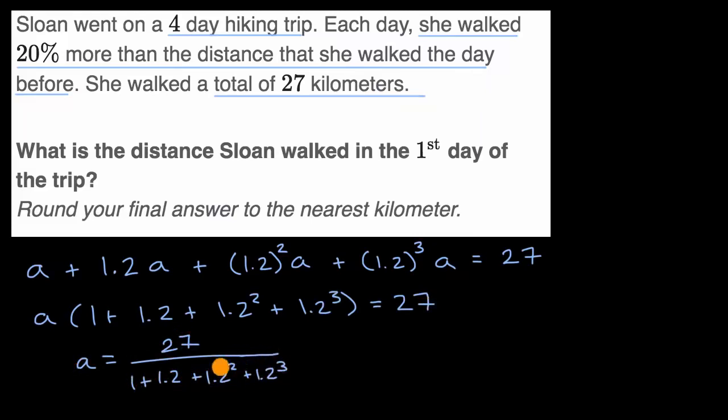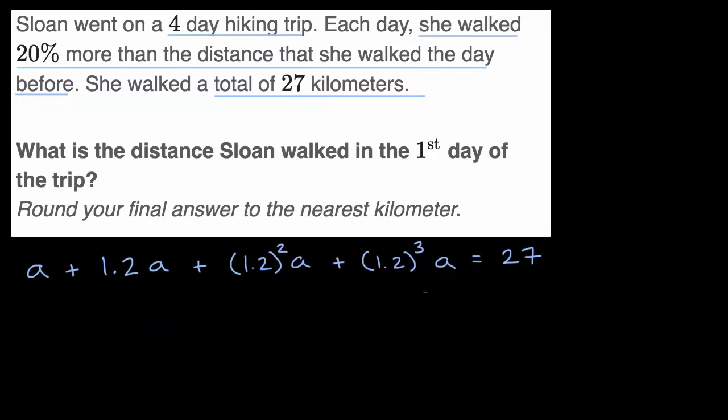And we would need a calculator to evaluate this. But I'm going to do a different technique, a technique that would work even if you had 20 terms here. You, in theory, could also do this with 20 terms, but it gets a lot more complicated, or if you had 200 terms. So the other way to approach this is use the formula for a finite geometric series.